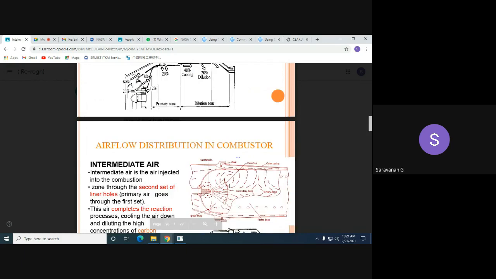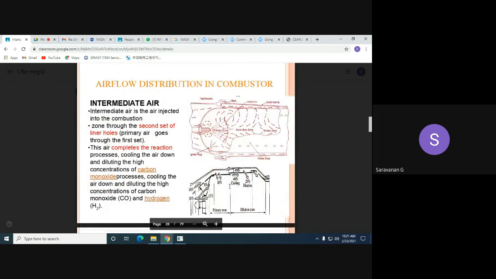So that second stream of flow is the secondary airflow or intermediate airflow. Intermediate air is the air injected into the combustion chamber that is meant for combustion. It is thrown in through the second set of liner holes. As I already mentioned, primary air goes through the first set and secondary air through the second set of liner holes.